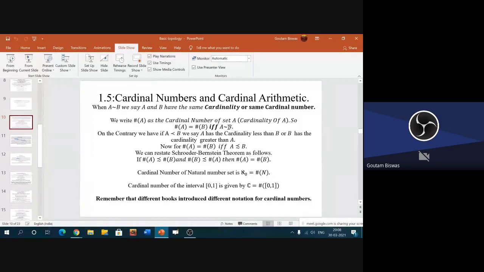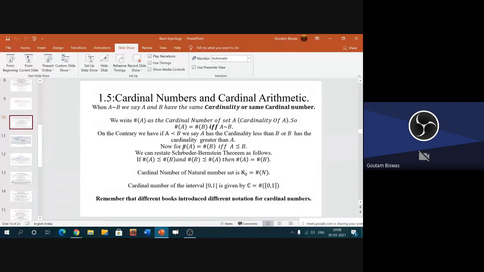So if and only if means, if A is equivalent to B, then the cardinality of these two sets are equal. On the contrary, we say that A has cardinality less than B and B has cardinality greater than A. Now this is for set theoretic notations. I will come to this afterwards.